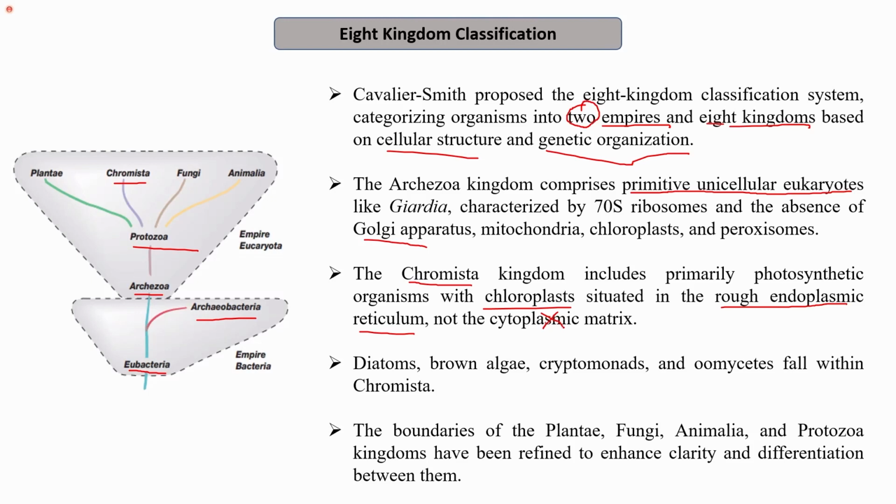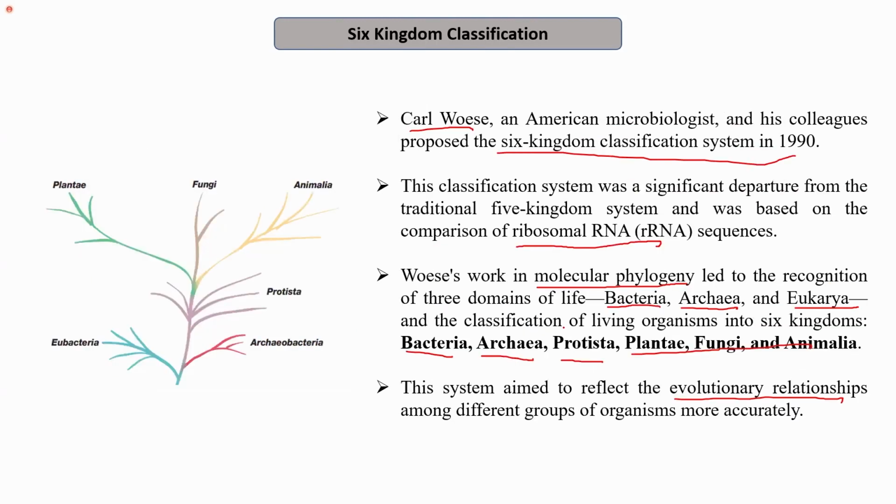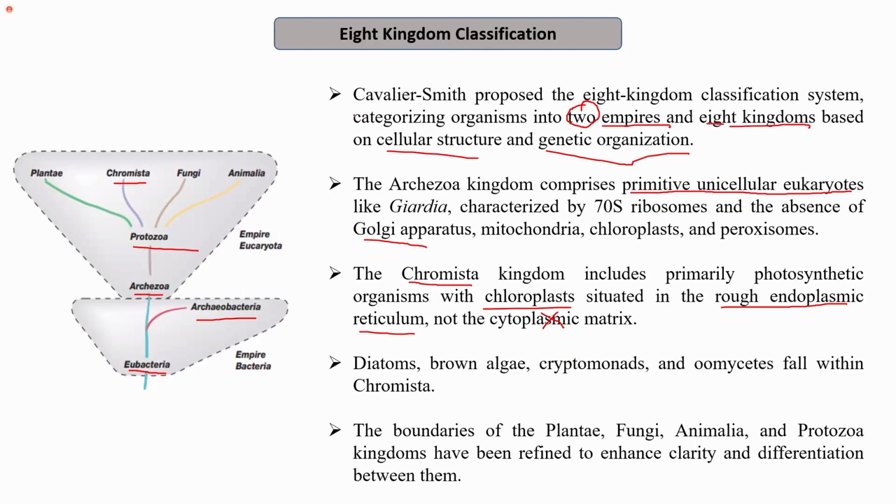Chromista. All the photosynthetic protista that were earlier grouped together with the non-photosynthetic organisms in the kingdom Protista were now put into a different kingdom, the kingdom Chromista. So the Chromista kingdom includes primarily the photosynthetic organisms, or we can say the photosynthetic protista of the earlier kingdom classification, that had the chloroplast situated in the rough endoplasmic reticulum and not the cytoplasmic matrix.